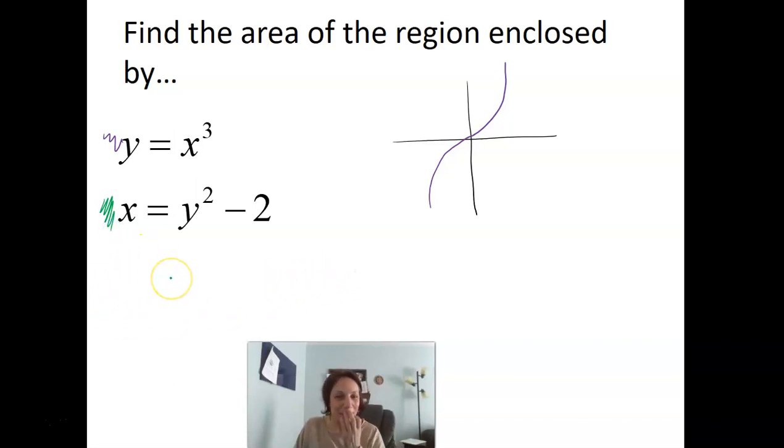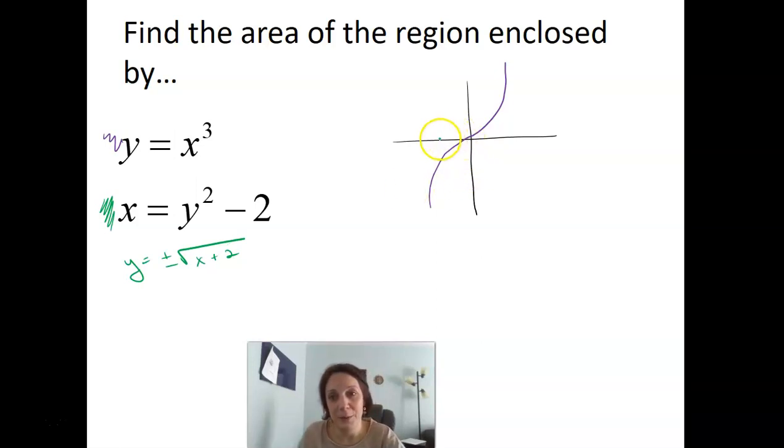Okay, and then notice this one, and this is usually another hint that you might want to think about what variable you're integrating on. Notice this one is defined in terms of y, this is defined in terms of x. So if you're not sure what this looks like, you could solve it for y, right? If you add 2 to both sides, what you get here is a square root function shifted back 2, and it's the positive root and the negative root.